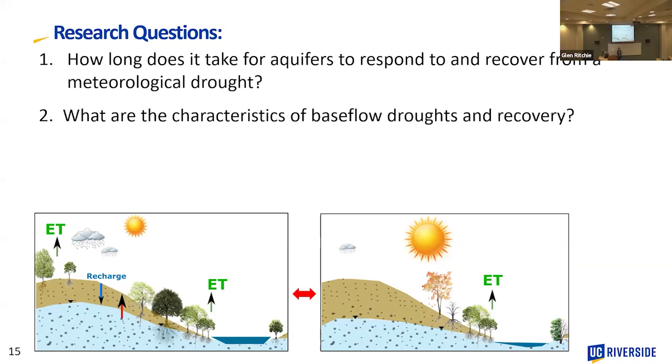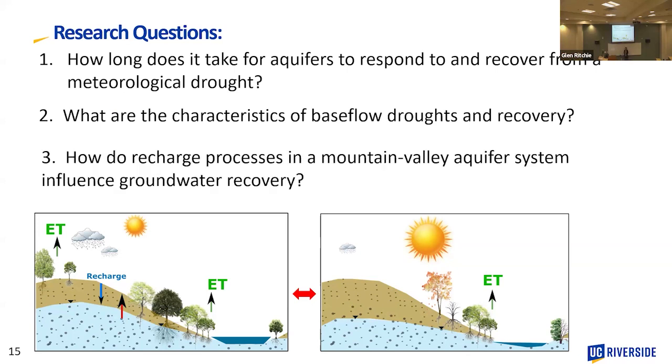So in the next study, we are looking at base flow, which is the contribution of groundwater to the stream, and how droughts impact base flow. And finally, looking at mountain valley aquifer systems, because these are the areas where we observe significant groundwater depletion, and quantifying groundwater recharge in this system is important.